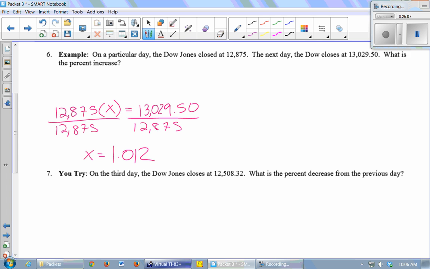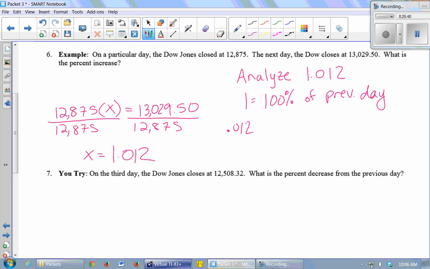All right, so we need to interpret this number, 1.012. The 1 represents 100%. We kept 100% of what we had. So let's analyze 1.012. The 1 is 100% of the previous day, so that means we have more than 100%. What is 0.012? That's how much we increased by.